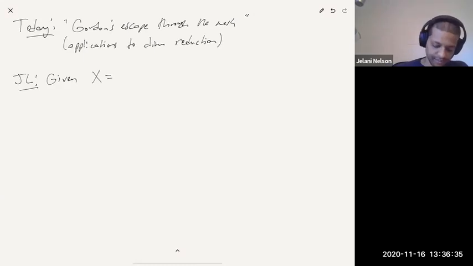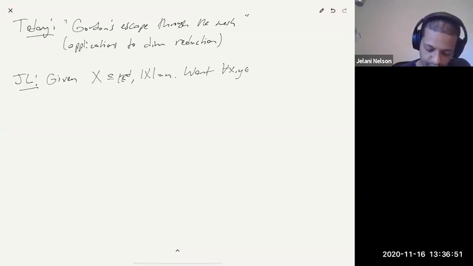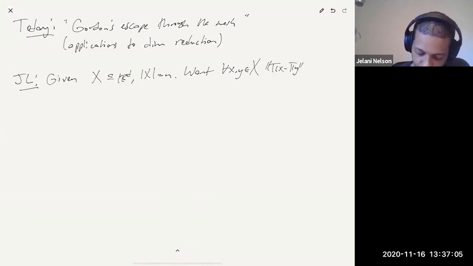So you're given X, which is a subset of, let's say, R^d that's finite, and you want that for all little x and little y in capital X, the squared distance after you apply pi between x and y is roughly like what it used to be.